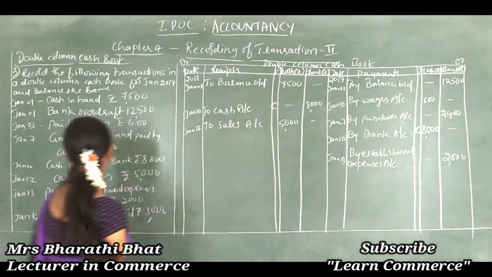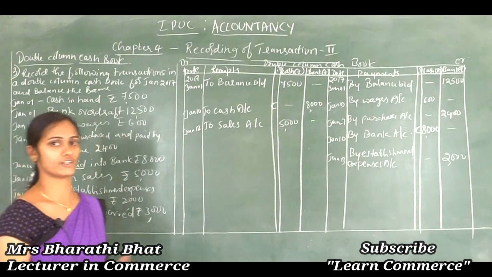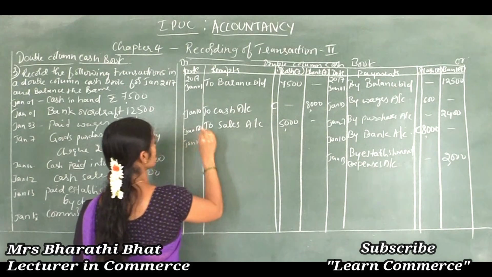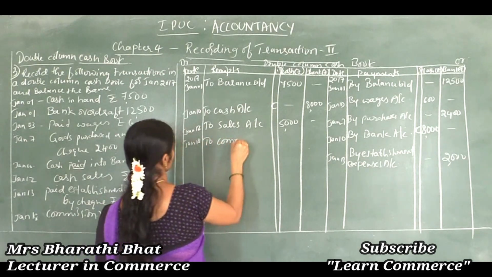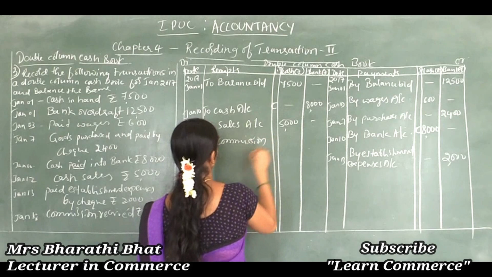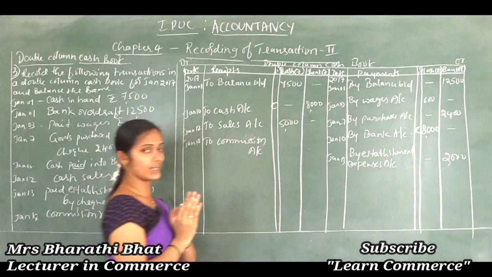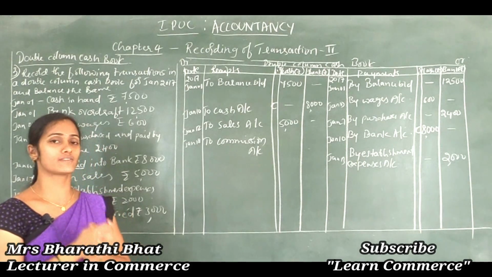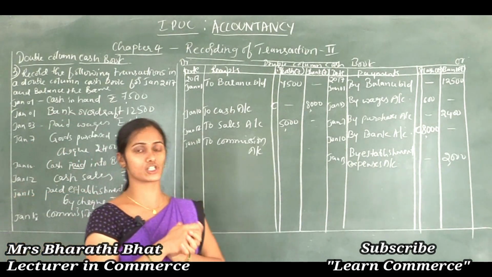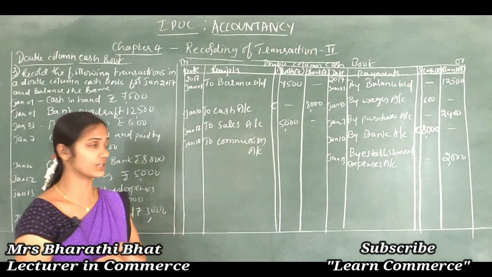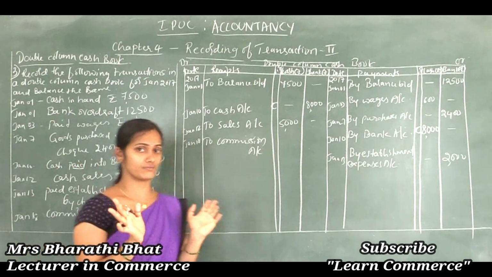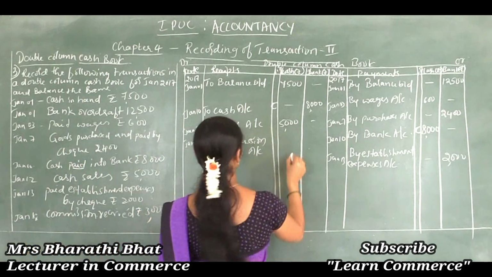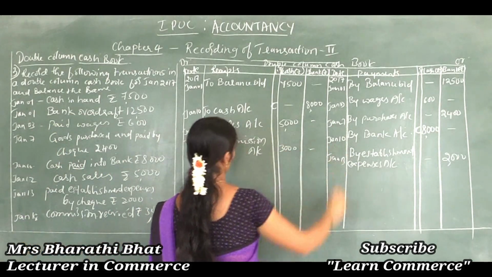And next one, commission received. You know where to record this. Jan 18, commission received to commission account. In which column, bank or cash? Cash, because if check is not mentioned, then we should assume the transaction is a cash transaction. So this 3,000 amount goes under the cash column.